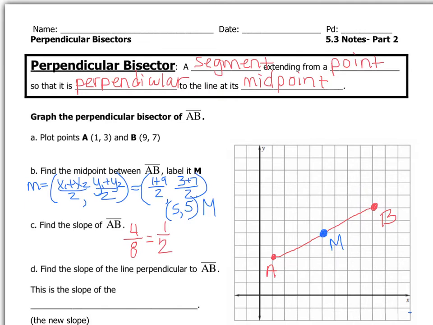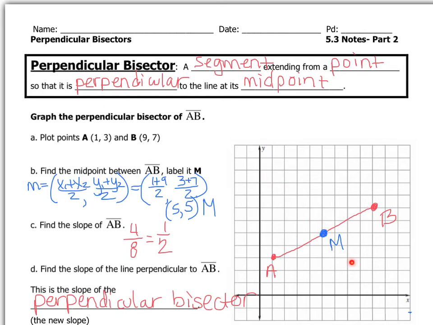Now, in D it says find the slope of the perpendicular bisector to AB. Okay, because let's read that again. So find the slope of the line perpendicular to AB. Here's AB, and we want to know exactly where does that line have to come in so that it is exactly perpendicular at that point.